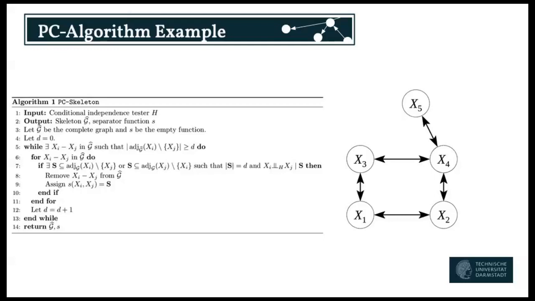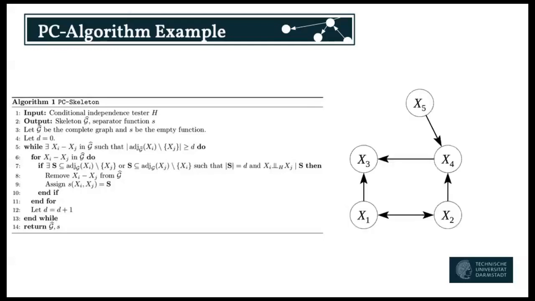And now we can start to orient some edges. So for instance, we can identify this collider on x3. Why can we do this? Because we saved our independence test results, and we can come back to them and see that if we include x3 in the conditioning set, then suddenly x1 and x4 become dependent, and thus we know that x3 must be a collider.